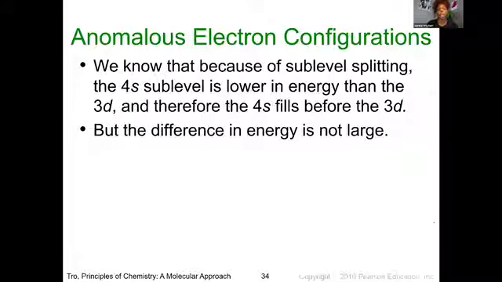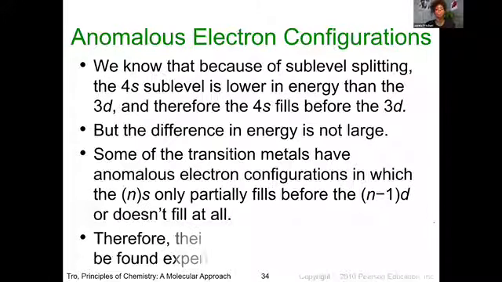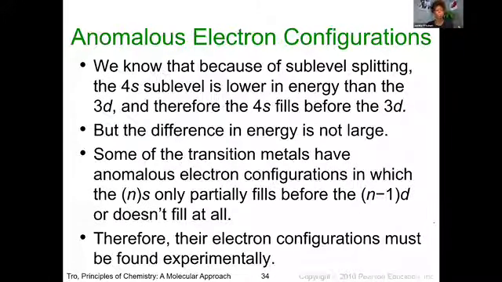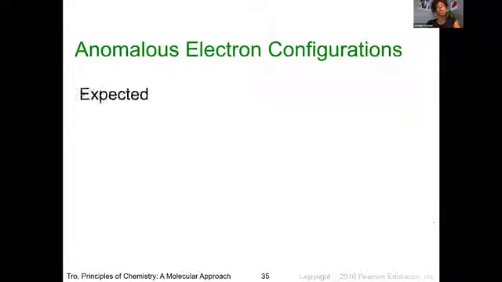But the difference in energy is not really that grand, and so it makes it easy to shift electrons between your s sublevel and your d sublevel. For certain particular atoms, the electron configuration that you see is actually slightly different than what you would predict. Some where these anomalies exist are shown here.